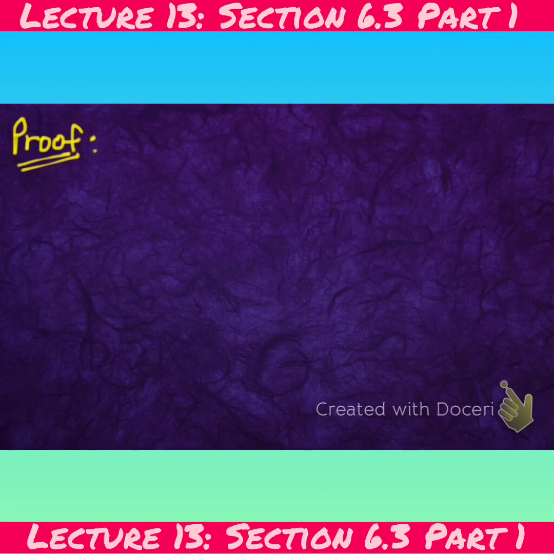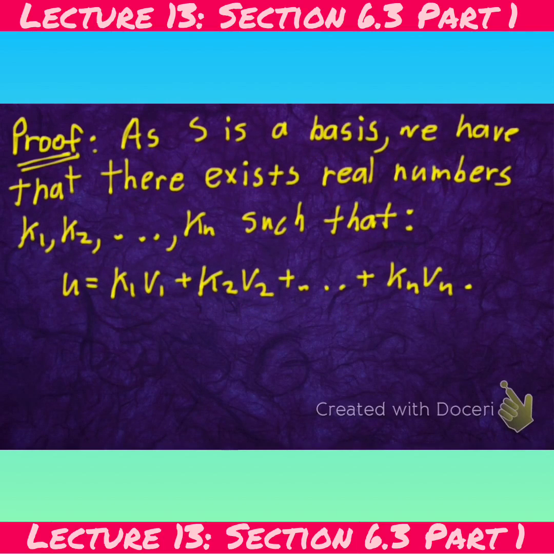Remember, S is a basis, and S is orthogonal as well. Don't forget that it's orthogonal. So because S is a basis, there exist real numbers k1 up until kn, such that we can express u as a linear combination of the vectors in the basis. Alright, so that is known.